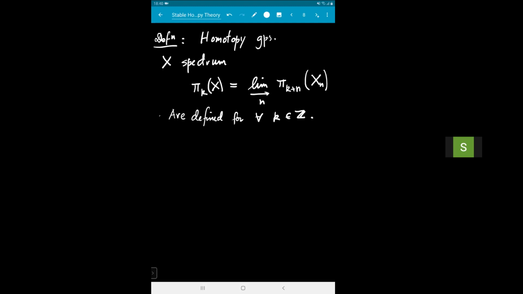And if you take π_k of Σ^∞ X, this is just isomorphic to the kth stable homotopy group of X, and these are 0 if k is negative.